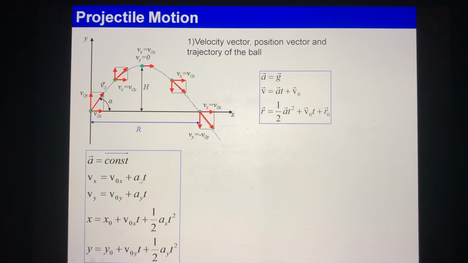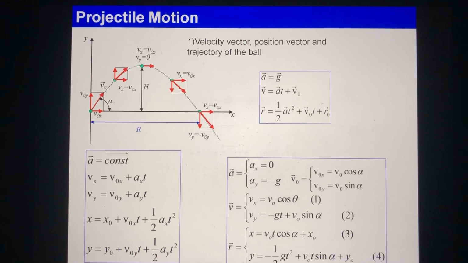Now we will calculate ax, ay, and v0x, v0y. We can see that the acceleration of the ball in this scenario is the gravitational acceleration. Therefore, the acceleration along the Ox axis is 0. We just have the acceleration along the Oy axis.